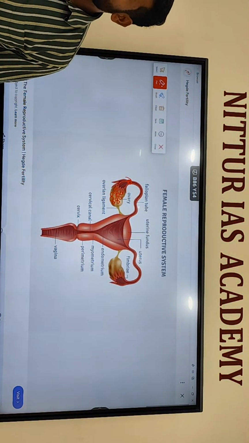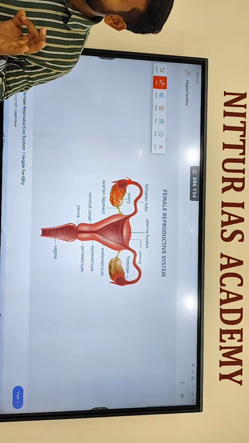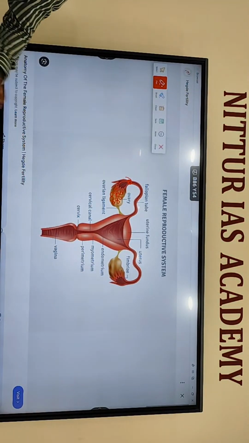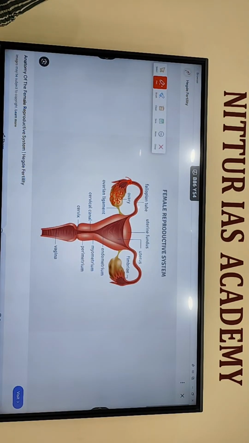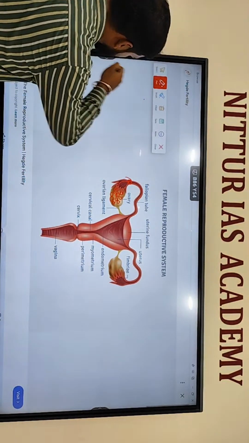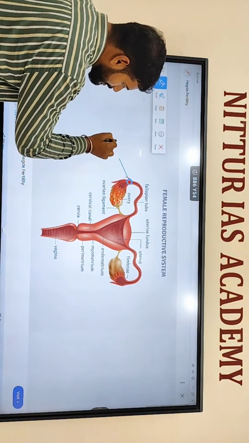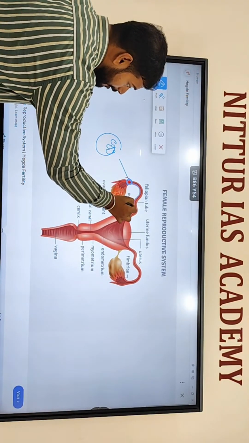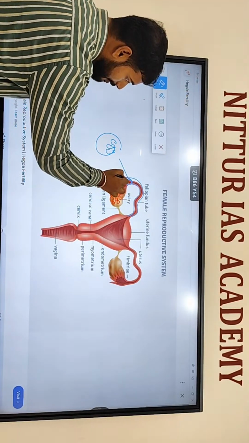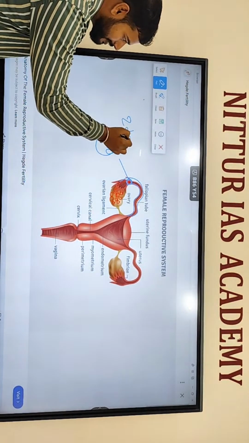But in male, millions of sperm cells are produced, thousands of millions of sperm cells are released in every ejaculation. But here, only one egg is released from either of the ovaries. The egg will be waiting in the fallopian tube for only 2 days, 48 hours.